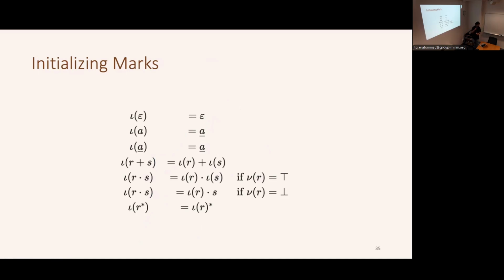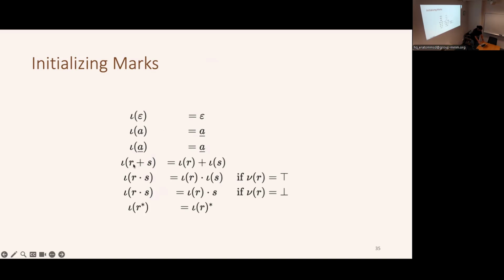I define this function iota, which will create a marked expression so that we have initial marks on the supposedly initial positions. And here, I hope there are no typos this time. With epsilon, I'm not putting any marks because I cannot. If it's a single letter, I just put a mark.